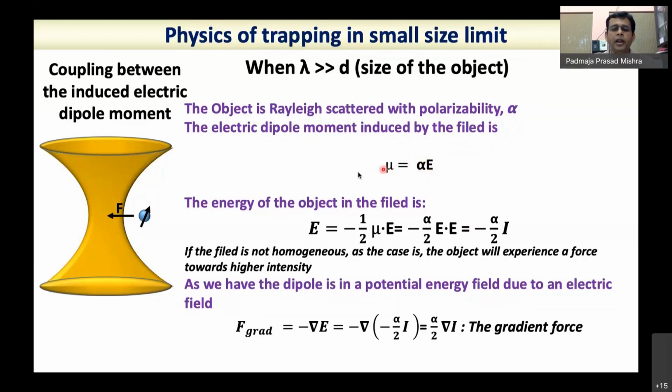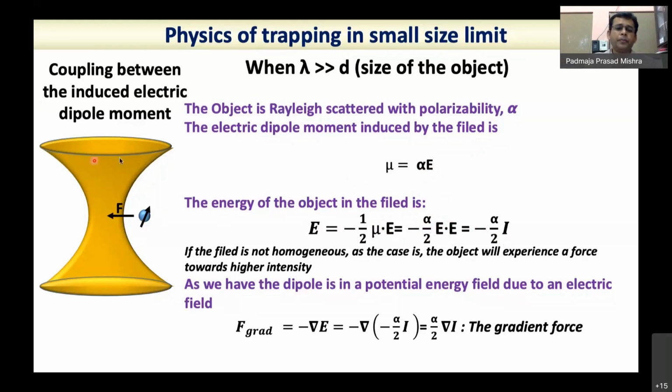And the energy of this object in this electric field can be explained as minus half of the induced dipole moment times the field, which is minus half mu E. If you replace mu with alpha E, we can see it's minus alpha by 2 E squared, and E squared is nothing but the intensity of the beam, so it is minus alpha by 2 I.